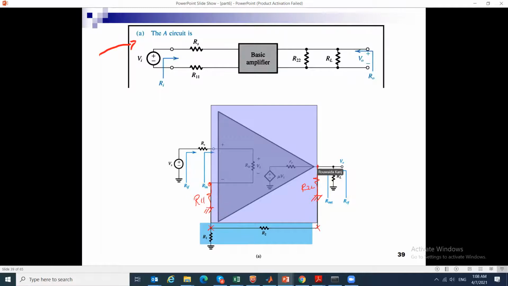So R22 is parallel with the output and R11 is in series with this loop, and I will cut off the feedback block. I remove it. Okay, so this is the A circuit.